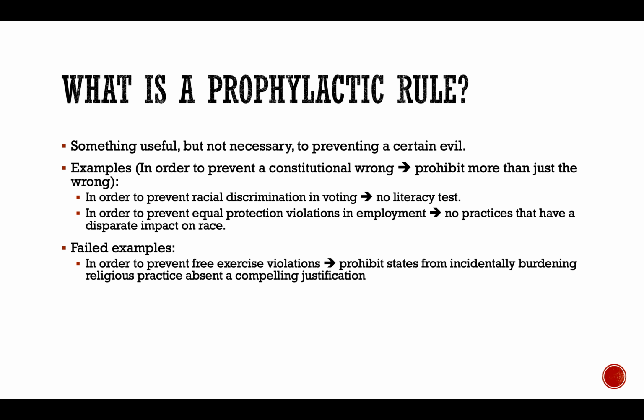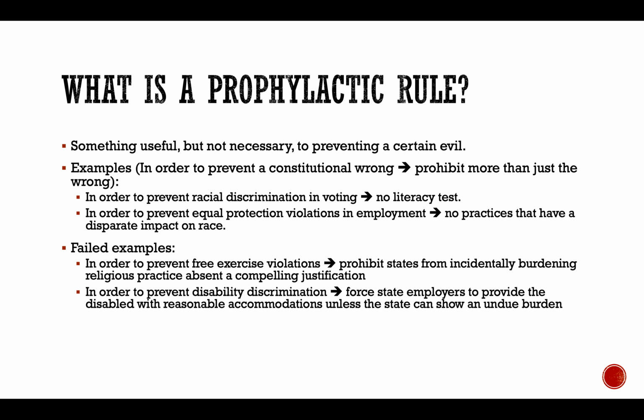And then we looked at the Garrett case yesterday. Congress there wants to prevent disability discrimination, and in order to do that, they passed the Americans with Disabilities Act. The one title that was at issue there forced state employers to provide the disabled with reasonable accommodations unless the state could show that to provide that accommodation would be an undue burden on it.